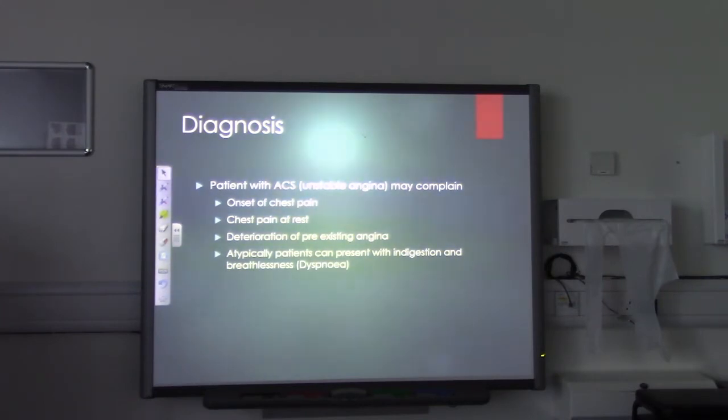So they've been fairly stable for a while, with a fairly predictable course of angina pain, and then suddenly they're starting to experience more frequency of it, and chest pain at rest. Atypical patients can present with indigestion and breathlessness also.